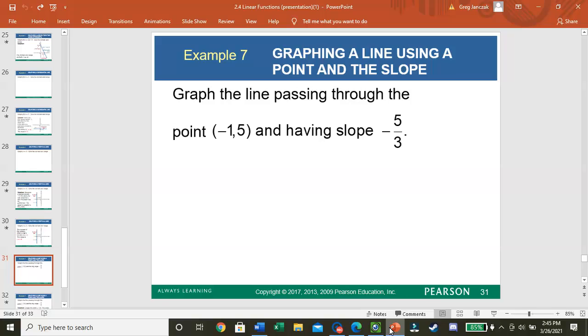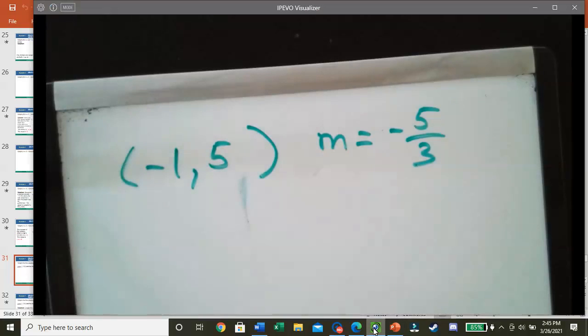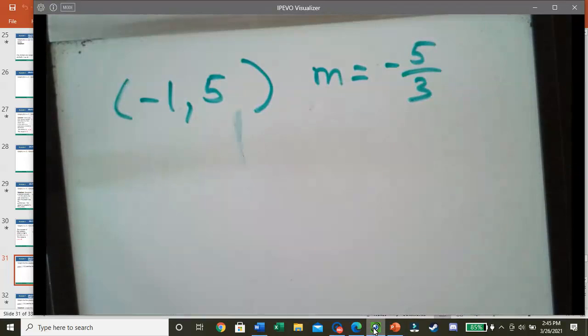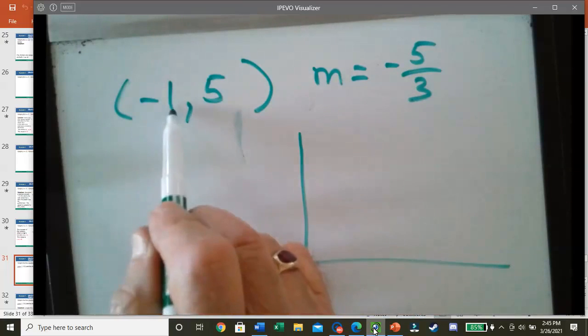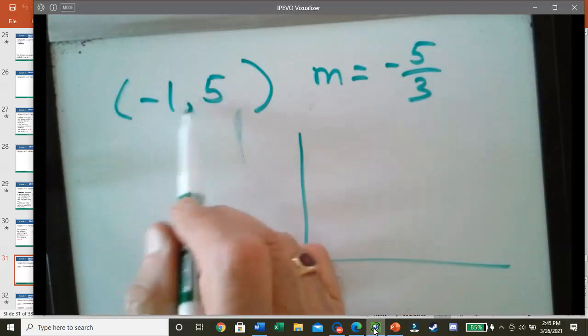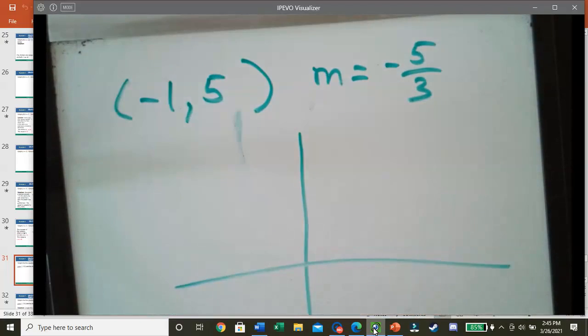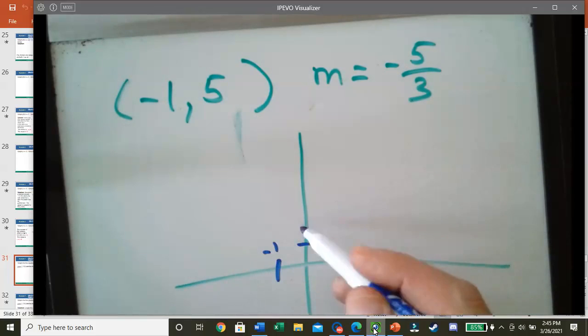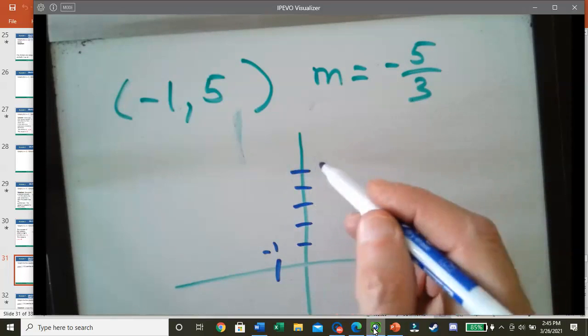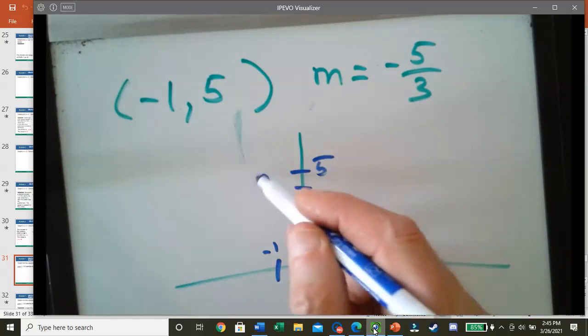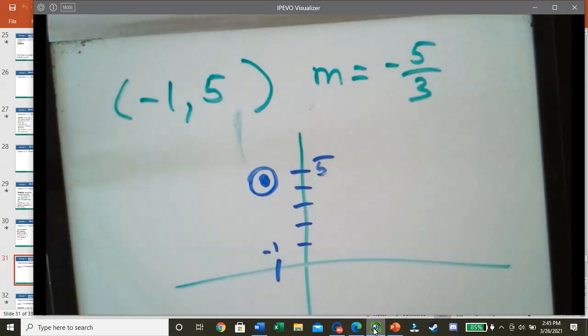Okay, so in this case, what we do here is we start with this point. We don't have a y-intercept, but we do have a point. Okay, and that point is at x is -1, y is 1, 2, 3, 4, 5. So we plot that point, -1, 5.